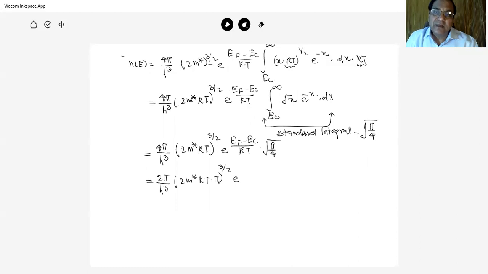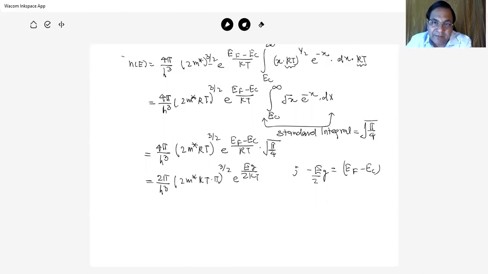And here it is Eg by 2 kT, because the band gap Eg is equal to Ec minus Ef, and this is minus half of Ec minus Ef, that is half of the band gap.